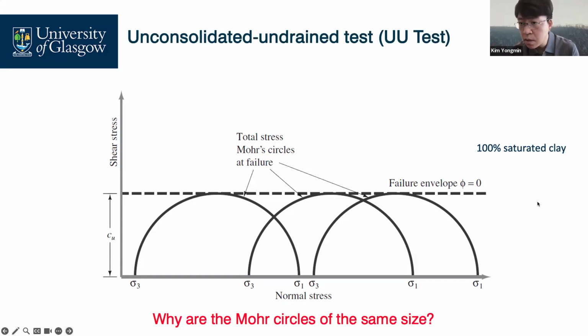For example, your group has confining pressure 50 kilopascal and failure at 150. Your friend's group has confining pressure 100, failure at 200. Another friend has confining pressure 150, failed at 250. Or rather, the circle diameters should be the same.